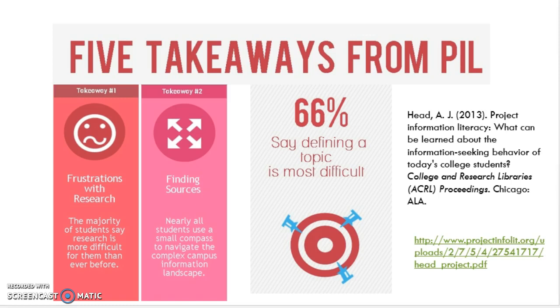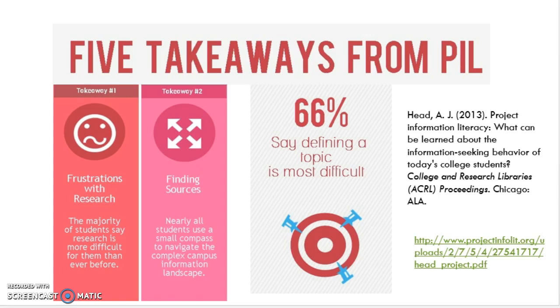So I thought I would start by sharing some results from some research that was done. PIL, Project Information Literacy, is a scholarly endeavor where researchers look at how students gather information and engage in the research process.